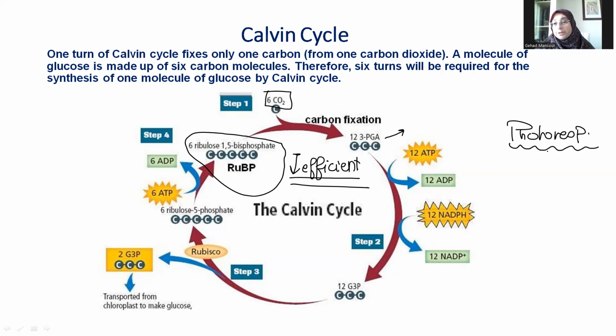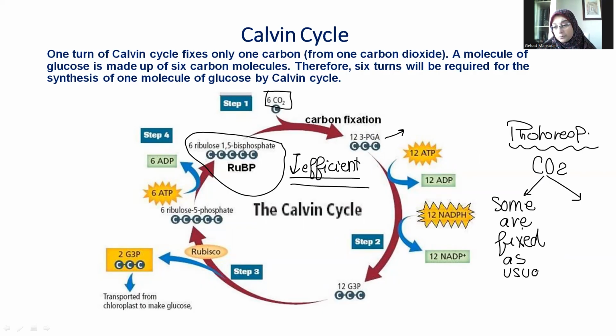Here in photorespiration, what happens to the molecules of carbon dioxide is that some of them are fixed as usual into a sugar, whereas some others are lost.